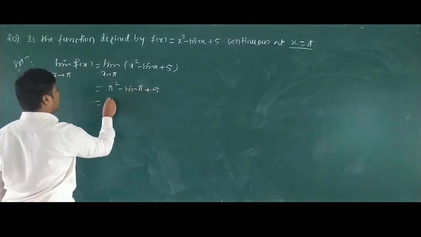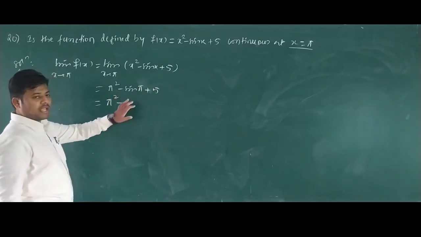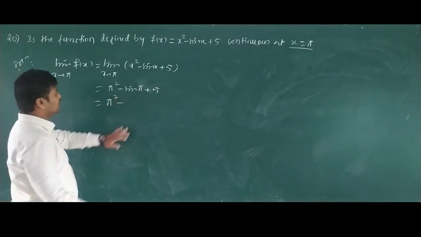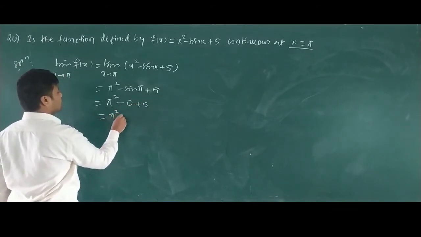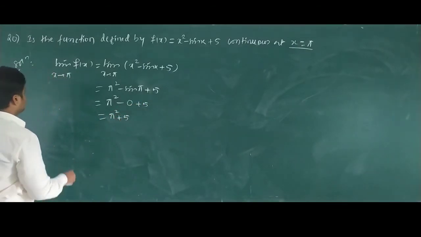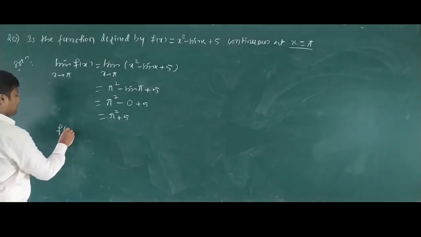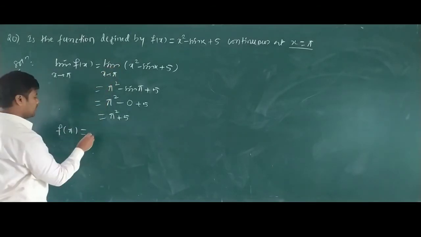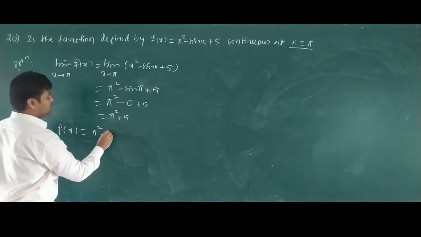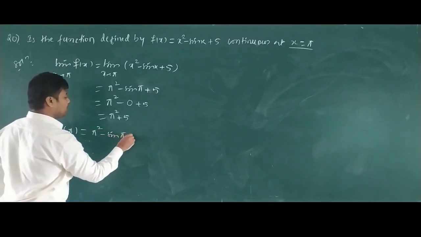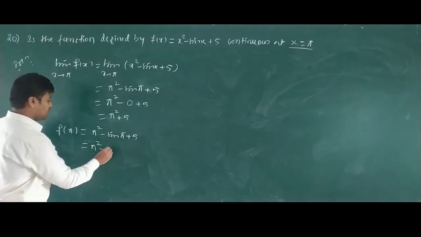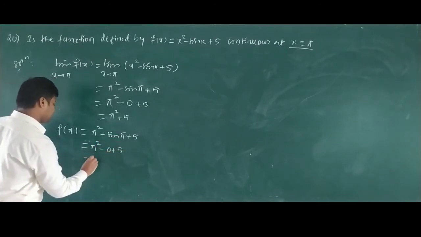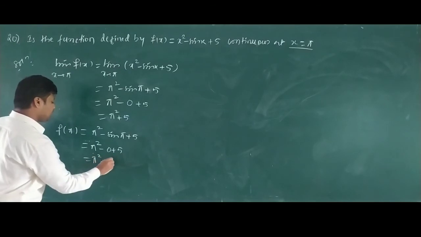So this equals pi square as it is, minus sin pi, sin 180 is 0, plus 5. This is pi square plus 5. Then value of function f of pi equals directly pi square minus sin pi plus 5. Again pi square, sin 180 is 0, plus 5. This is pi square plus 5.